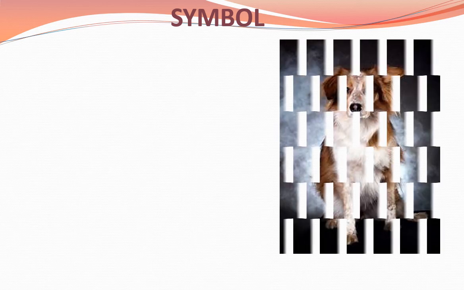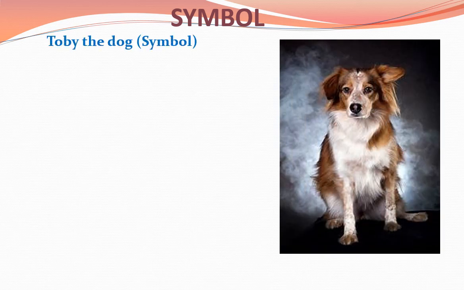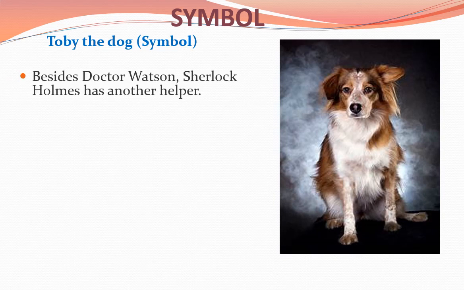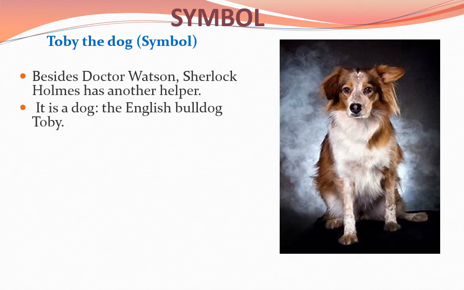Let us go through the symbols in the novel. Toby, the dog. Besides Dr. Watson, Sherlock Holmes has another helper. It is a dog, the English bulldog Toby.